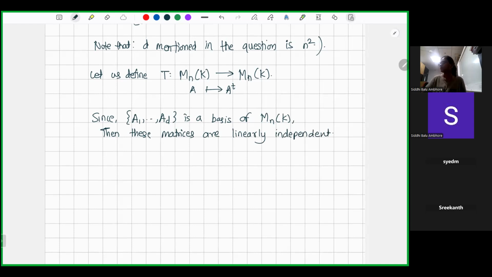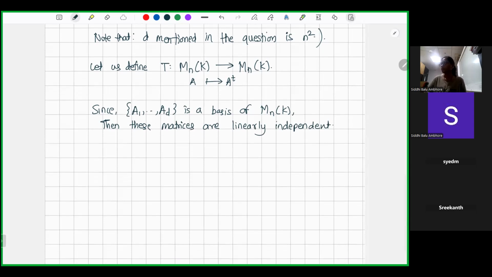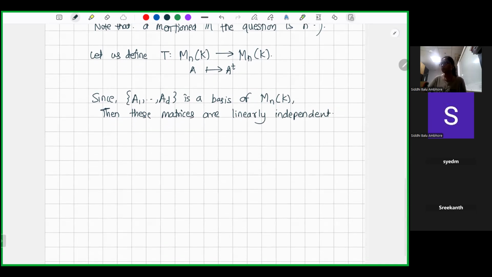Now suppose A1 transpose to AD transpose is not linearly independent.